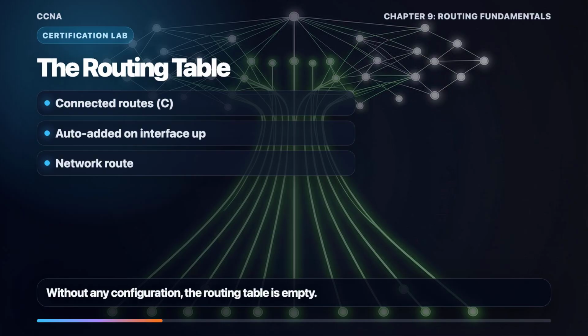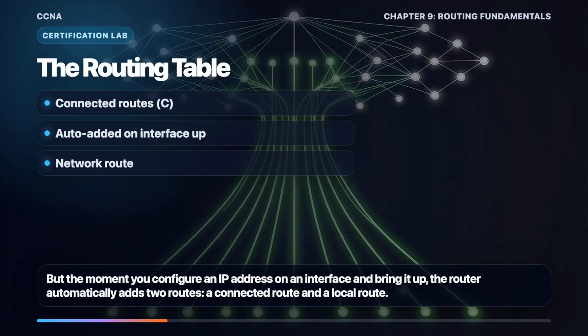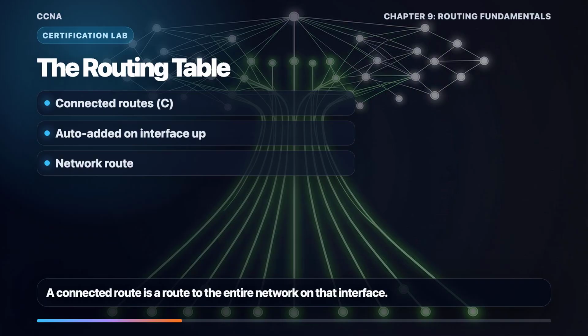Without any configuration, the routing table is empty. But the moment you configure an IP address on an interface and bring it up, the router automatically adds two routes, a connected route and a local route. A connected route is a route to the entire network on that interface.